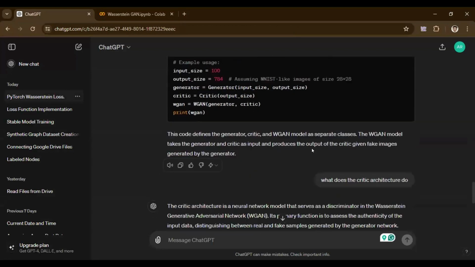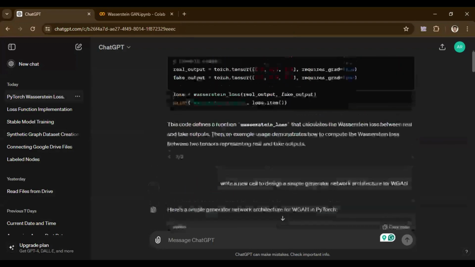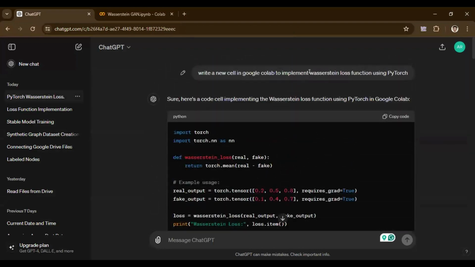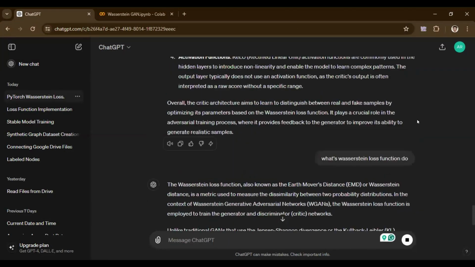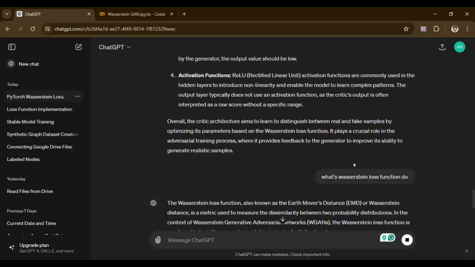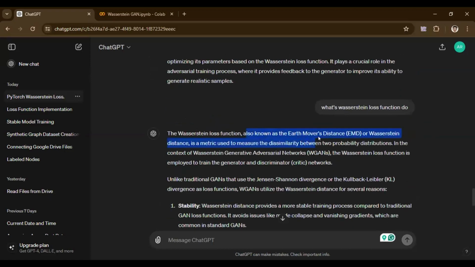And let's also ask about the Wasserstein loss function on ChatGPT. If you ask ChatGPT about the Wasserstein loss function, this is the definition: also known as the Earth-Mover distance, it is a metric used to measure the similarity between two probability distributions.